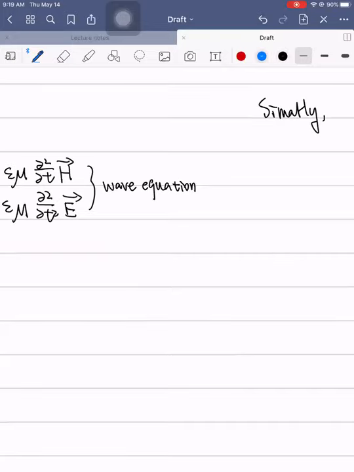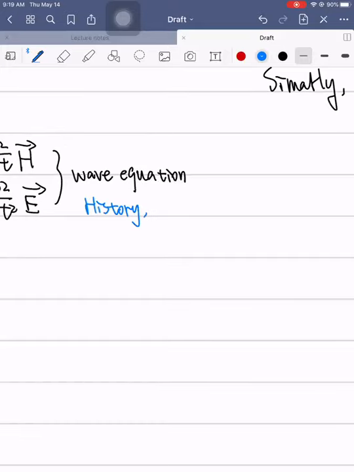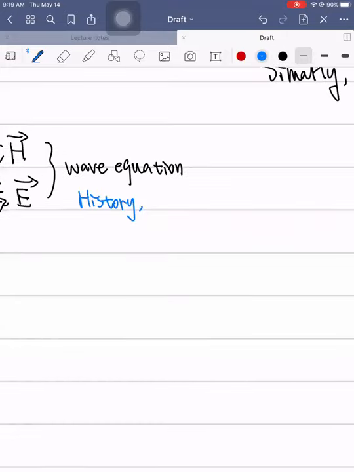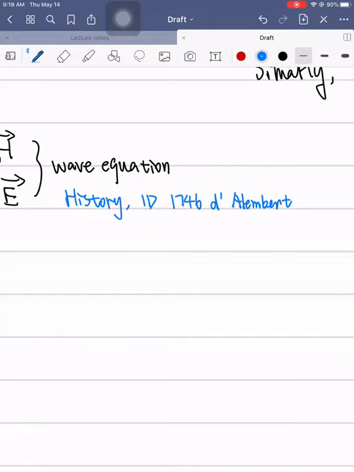So in history, it was studied by mathematicians first. Its 1D case was studied by a mathematician called Lambert in 1746, and its 3D case was studied by the famous Euler.